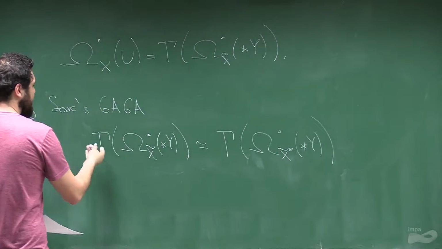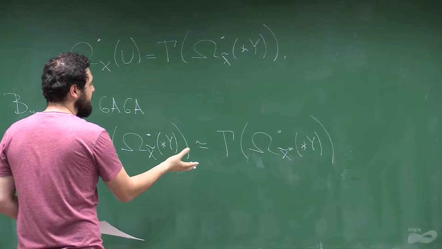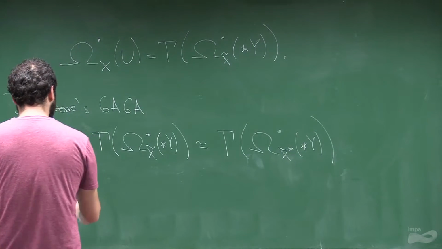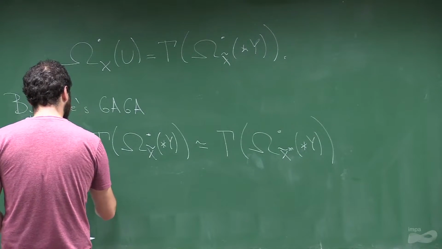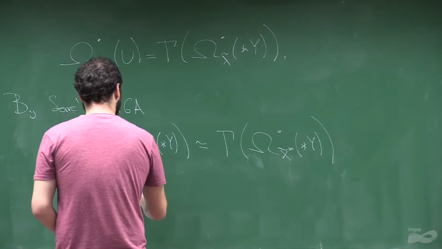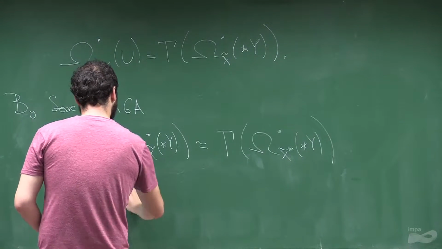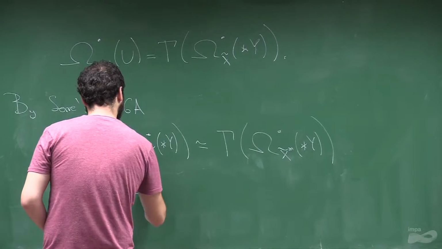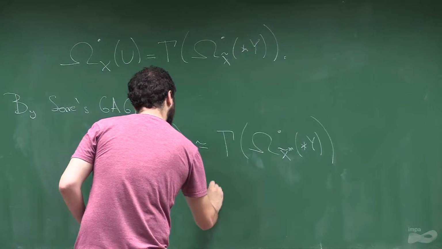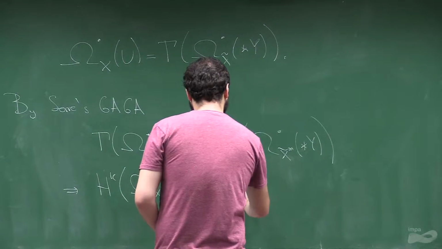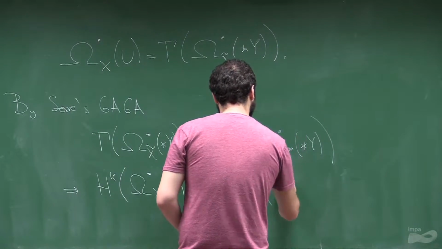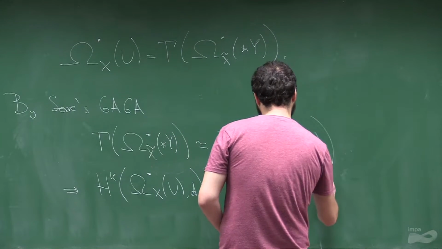And this is an isomorphism of complexes, right? So in particular, the cohomology of global sections of this is isomorphic to the cohomology of this other sheaf.